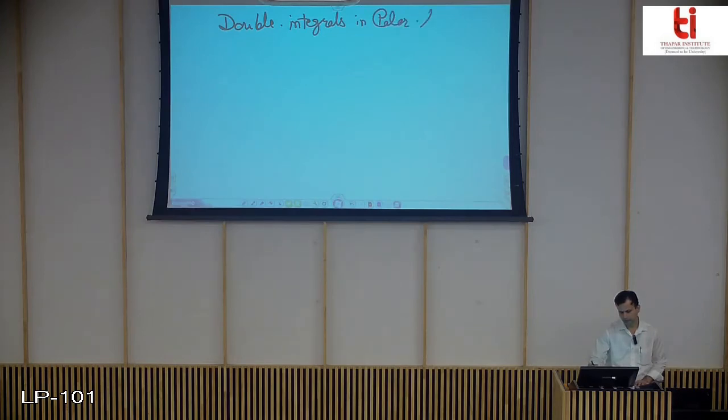I have told you why we switch to polar form: the limits of integration are in some cases difficult to plot in Cartesian coordinates. However, if we plot those curves in polar coordinates, then the region of integration or the bounding curves become easy to plot. So that is why we switch to polar form.